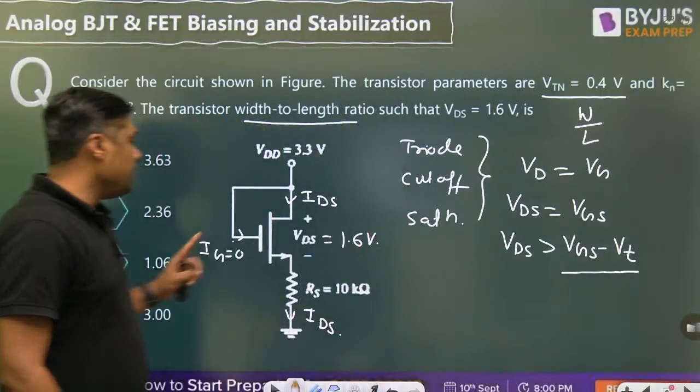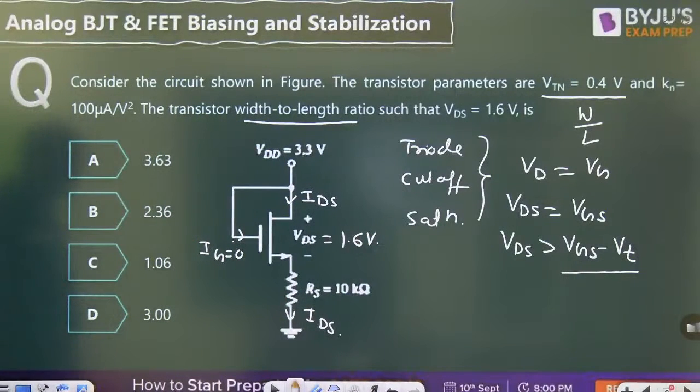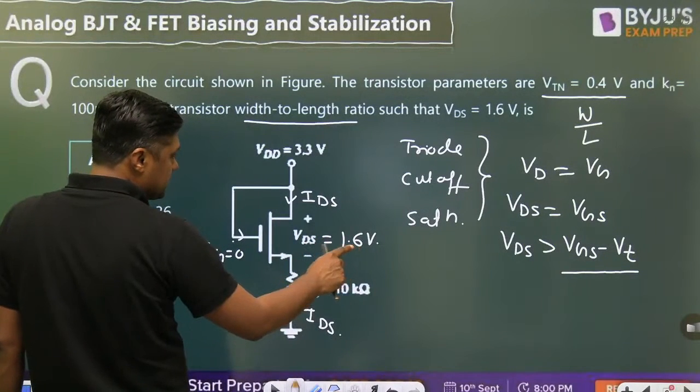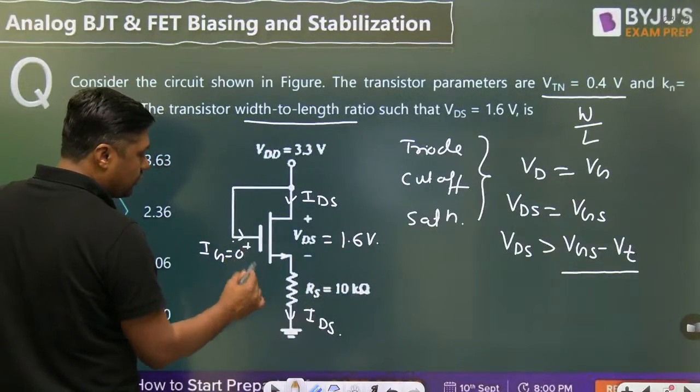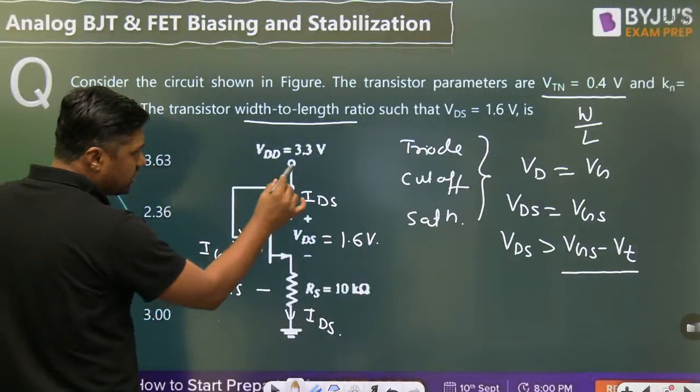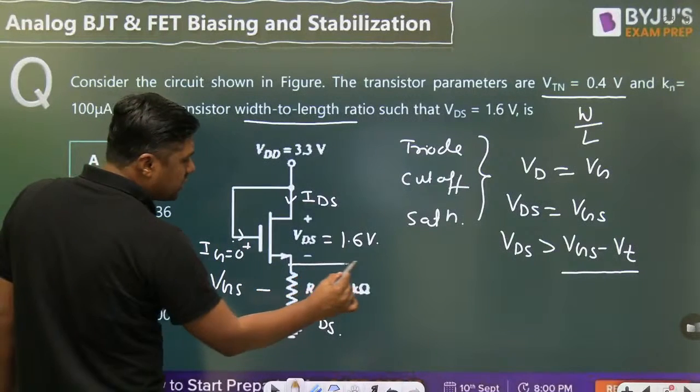So this MOSFET is in saturation. Now, when the MOSFET is in saturation and we have the value of VDS as 1.6, that is also the value of VGS, 1.6 volt. If this voltage is 1.6 volt, what is the voltage at this point?